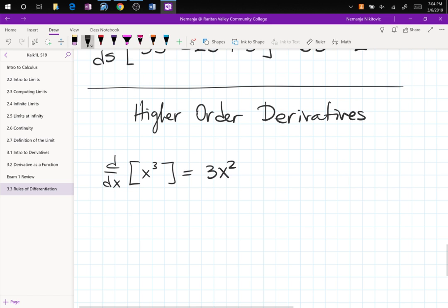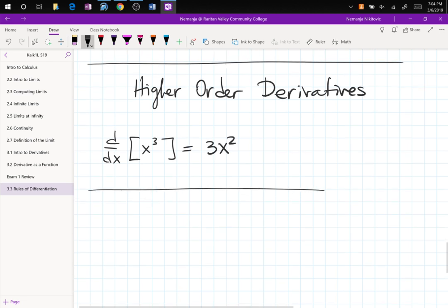We usually use a different notation because Leibniz notation gets to be a little bit confusing. I'll show both notations. But generally we use f of x is x cubed, and then we say f prime, which is the derivative, is 3x squared.